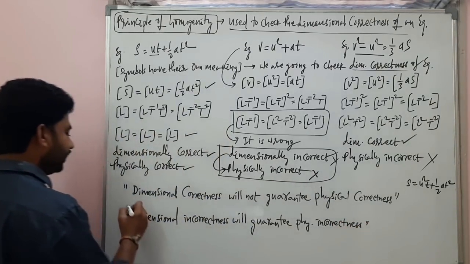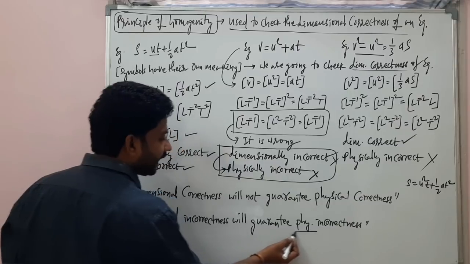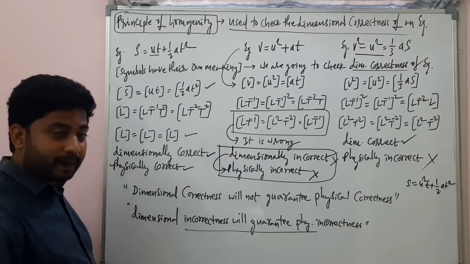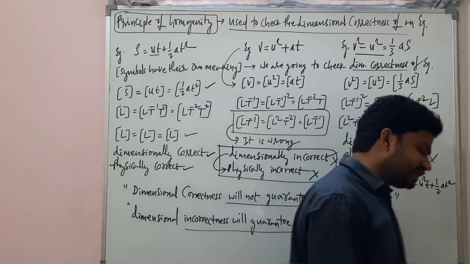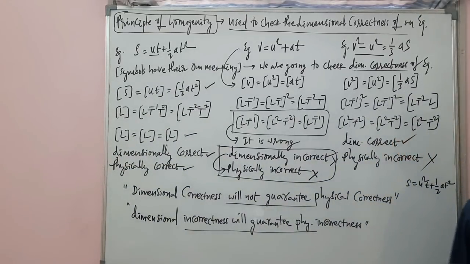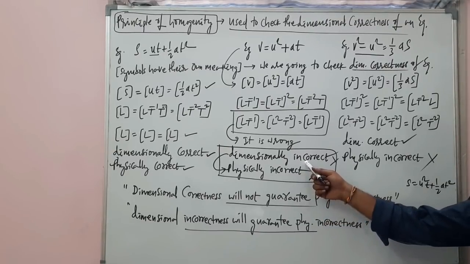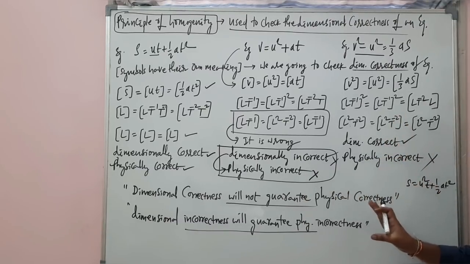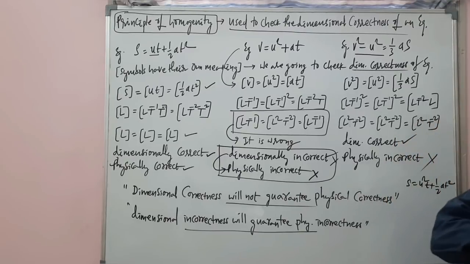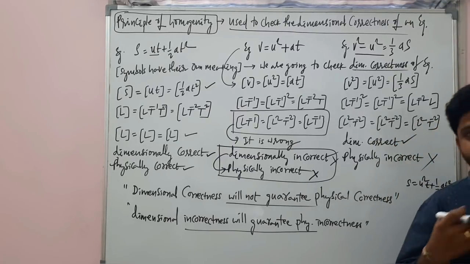The dimensional incorrectness will guarantee the physical incorrectness, but dimensional correctness will not guarantee the physical correctness. Okay, clear? So when you take a dimensionally incorrect equation, definitely it will be physically incorrect. This is how you can understand the deeper analysis of the principle of homogeneity.